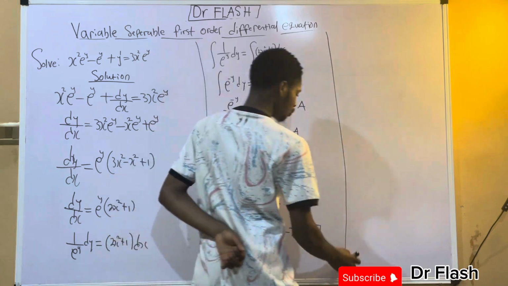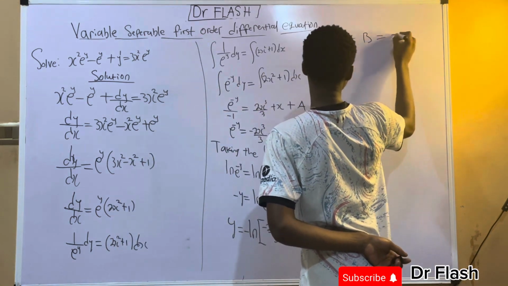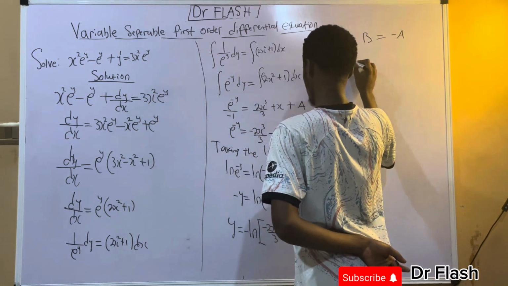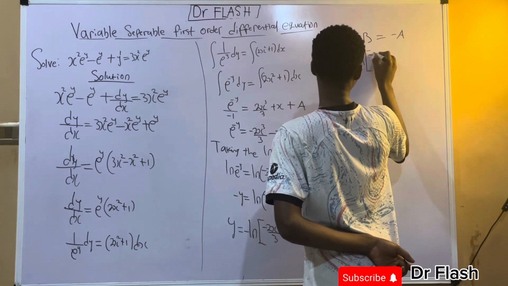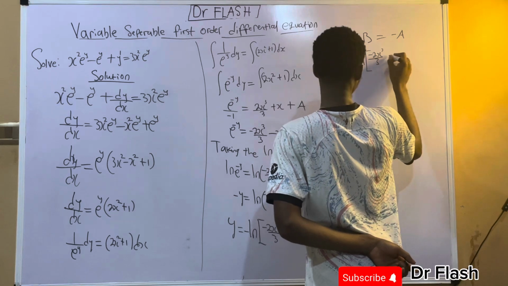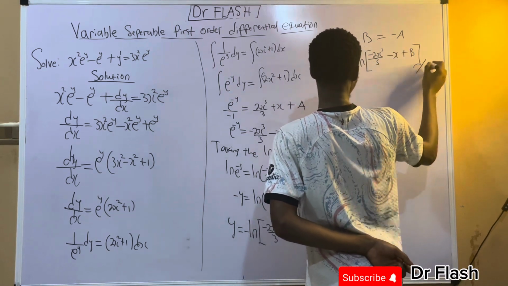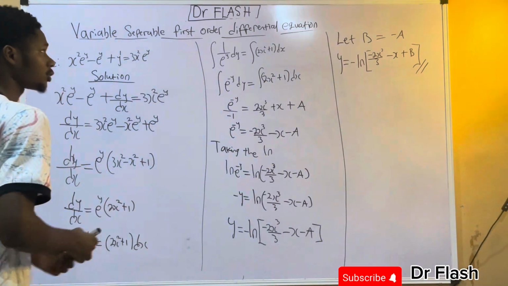Then I'm going to substitute to give us y equals minus ln of minus 2x cubed over 3 minus x plus b, having in mind that b is minus a. So that is how it is done.